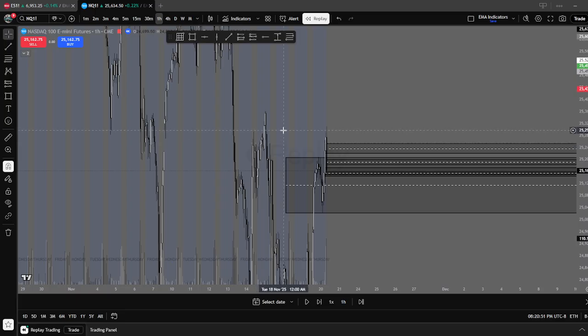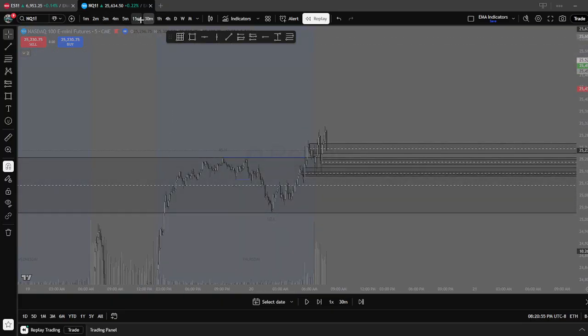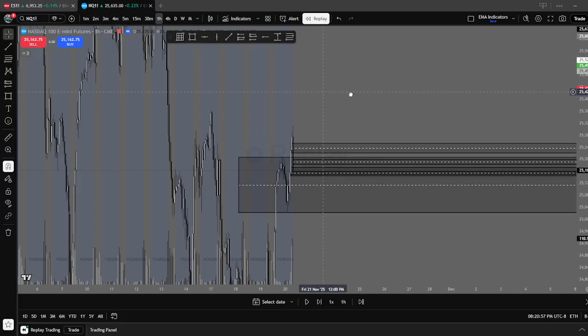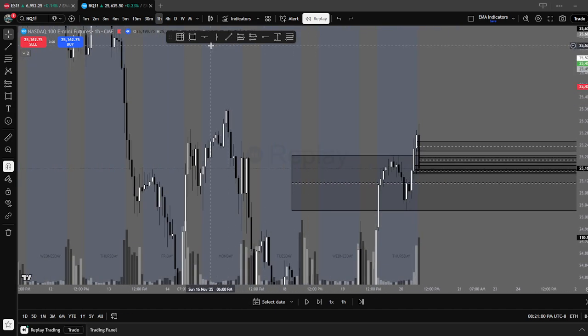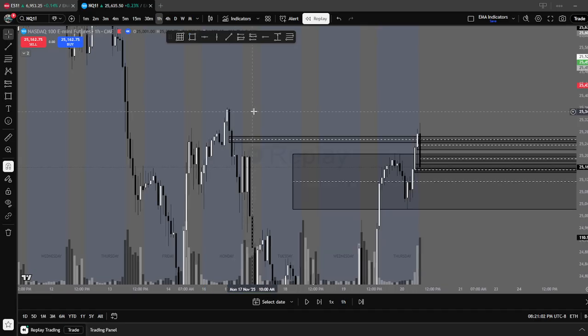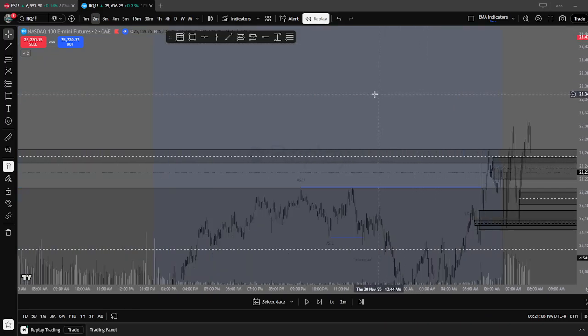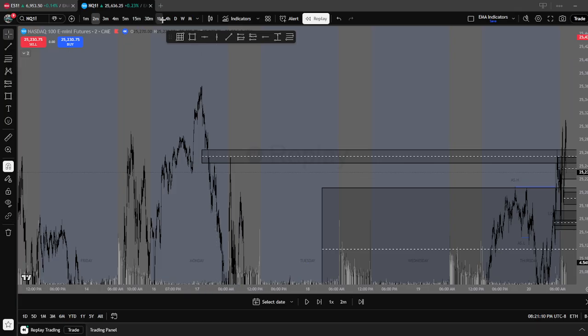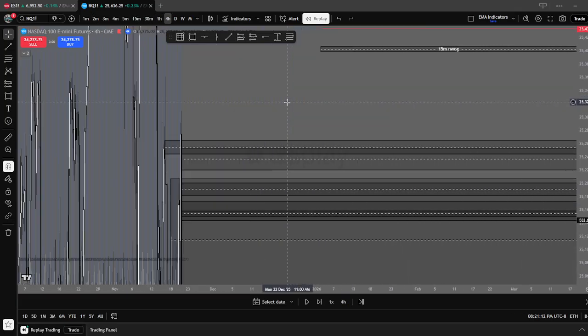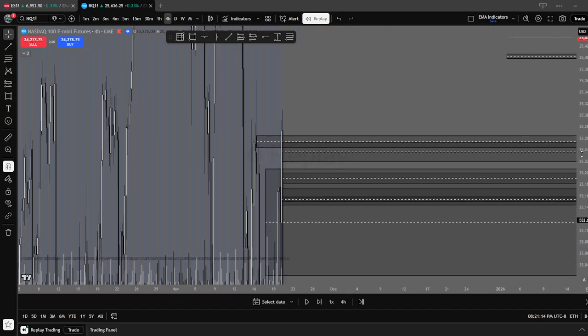And we tapped into this hourly gap and we filled it out. Was there a bigger one on the 4 hour?